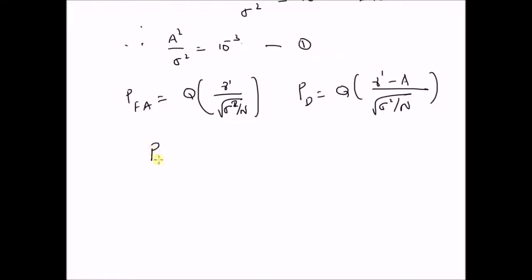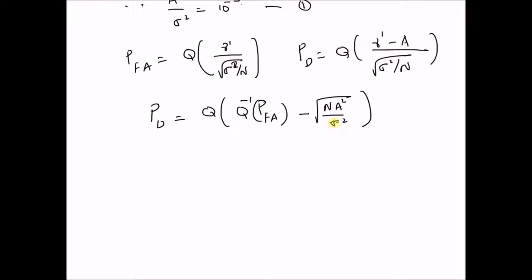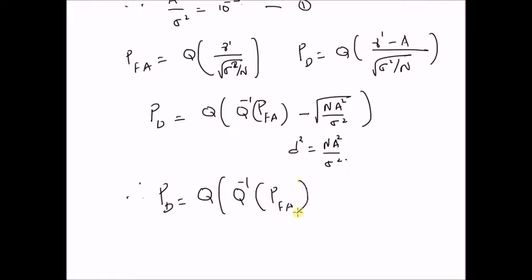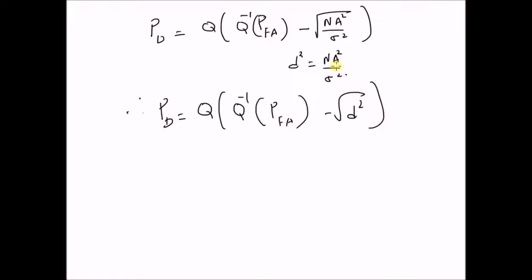By simple manipulation, we can show that probability of detection is equal to Q of Q inverse of probability of false alarm minus square root of n A square over sigma square. According to convention, this term is usually denoted as d square, which is equal to n times A square over sigma square. Therefore, probability of detection is equal to Q function at Q inverse of probability of false alarm minus square root of d square, where d square is directly proportional to the SNR.